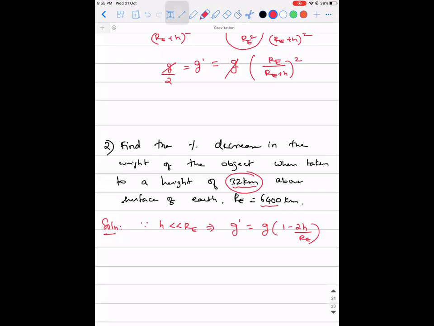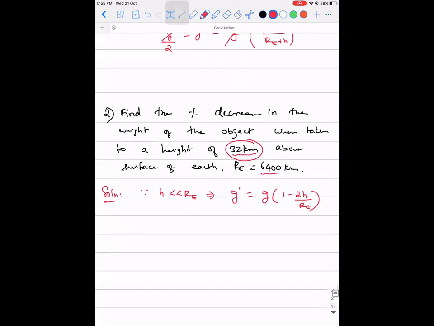Is that clear? Yes. So G dash will be equal to G into 1 minus 2 into 32 divided by 6,400. So this will be 64 and this will be 100. So it will be 99 G by 100 guys.